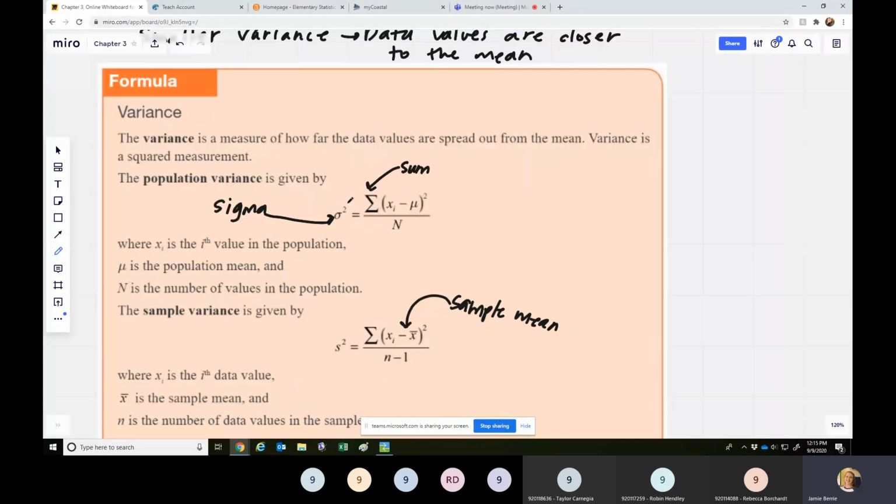And I can show you why you have to do n minus 1 down here. But let me write sample size. It's hard for me to write and talk at the same time.